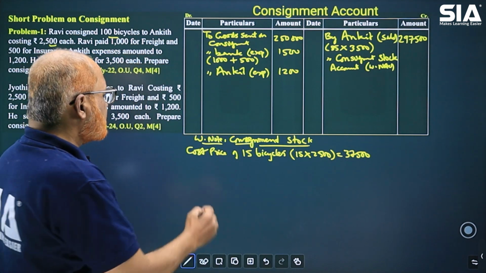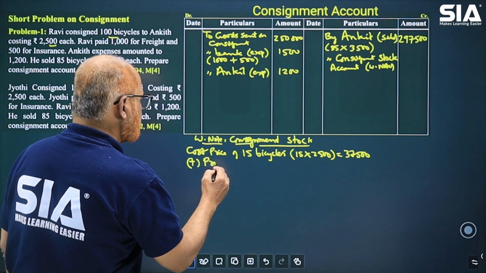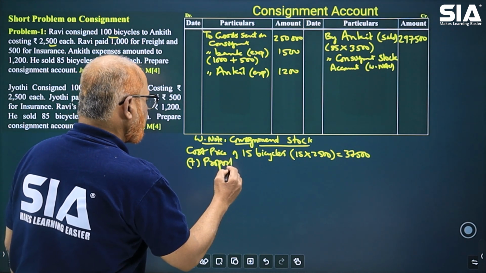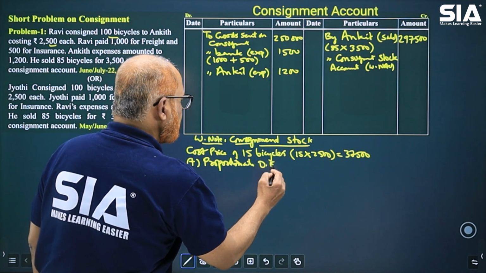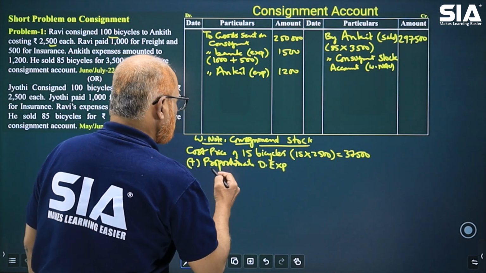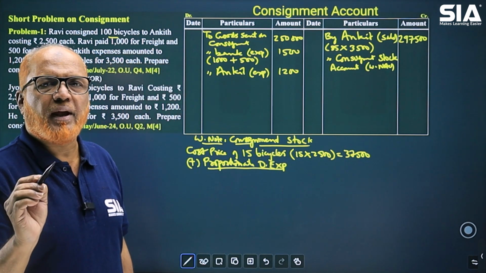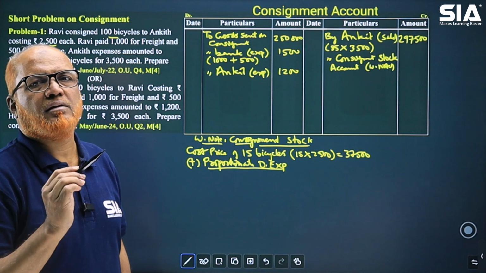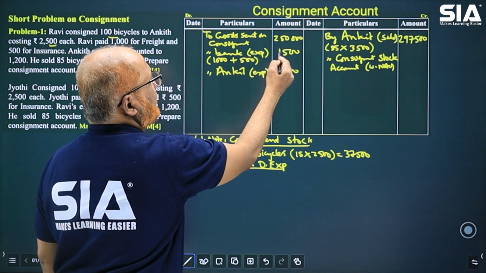37,500. To this we add proportionate direct expenses. So here we will take expenses paid by the consignor. How much expenses paid by the consignor here? 1,500.